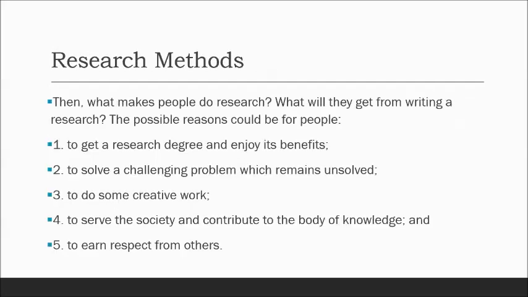Okay. So, what makes people do research? What will they get from writing a research? Now, ito yung mga reasons bakit kailangan natin mag-conduct ng research. Number one is, some people conduct research to earn a degree and enjoy its benefits. That's why may mga professionals na nagpo-pursue ng kanilang academic degree.